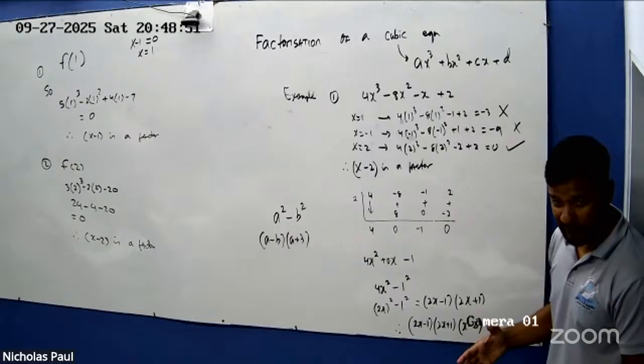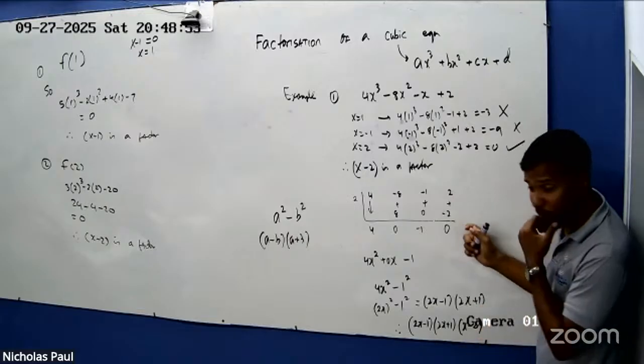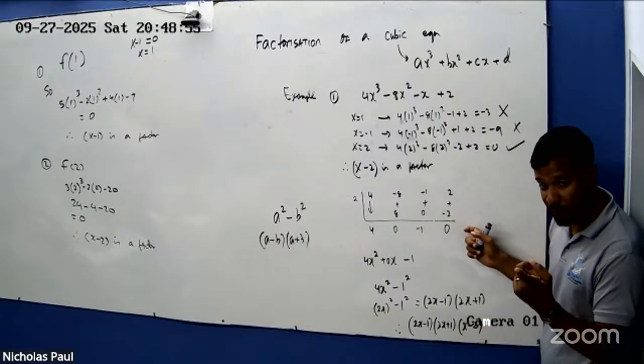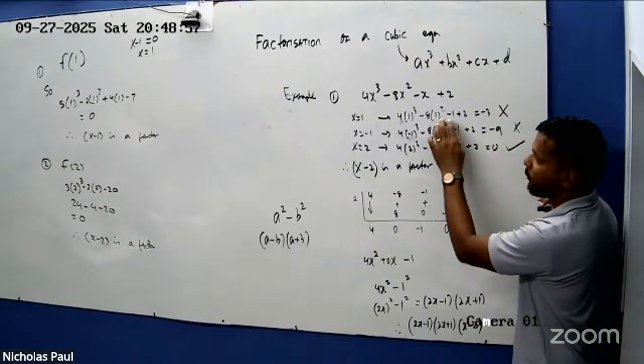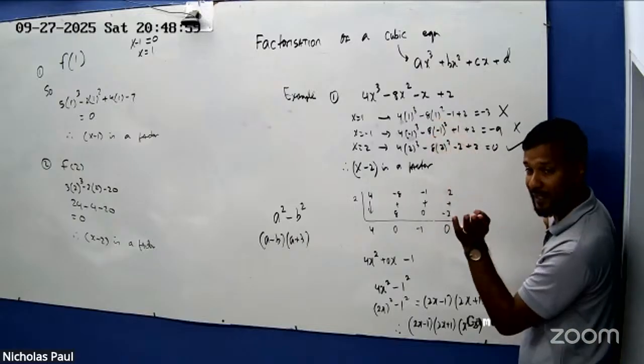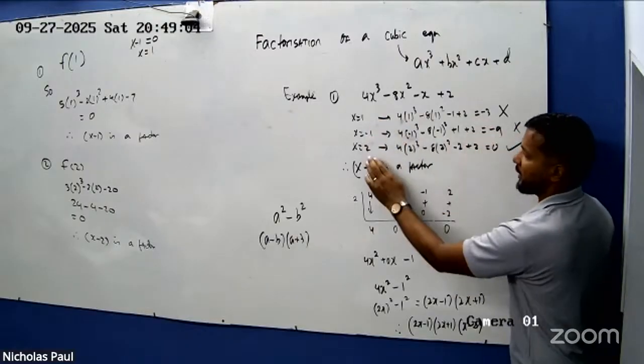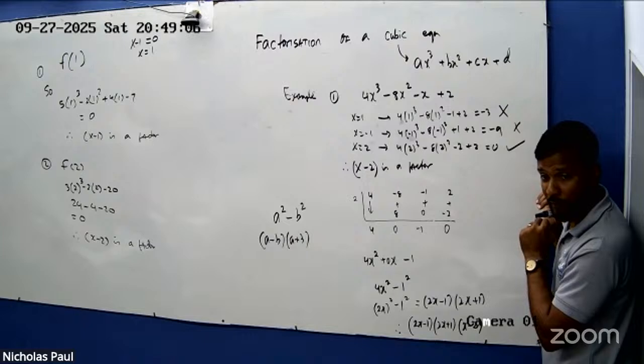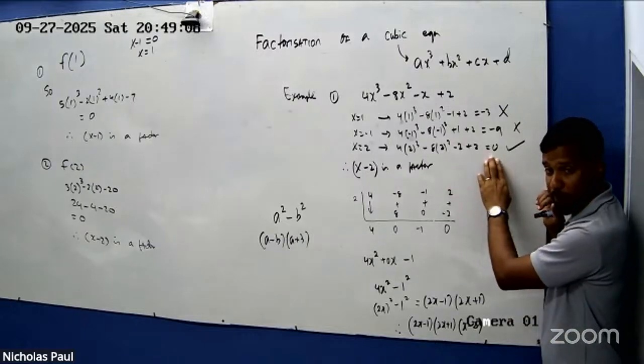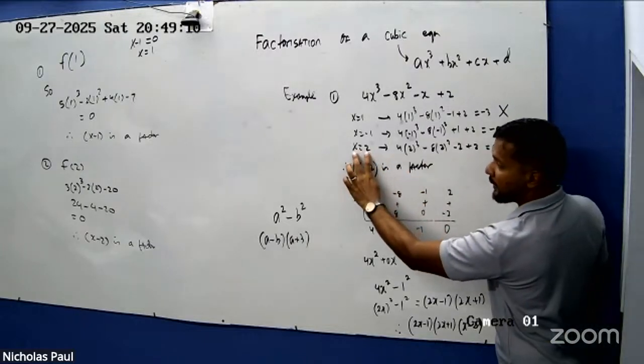How do we do it? In order to perform long division, we need a factor. To get the factor, we do trial and error, or use the calculator. Plug in x is 1, see what you get. -1, see what you get. 2, see what you get. When you get 0, you stop. It means this is a factor.